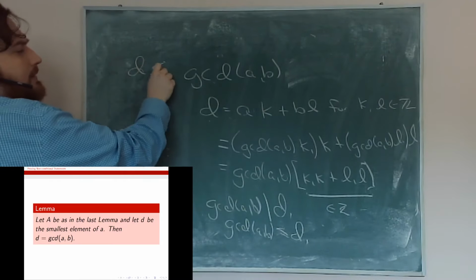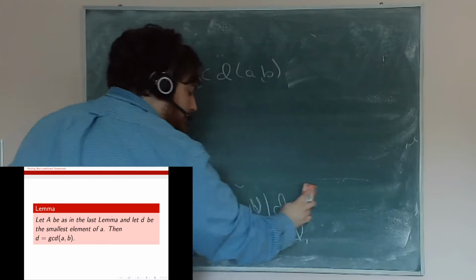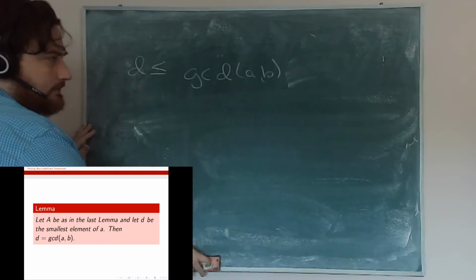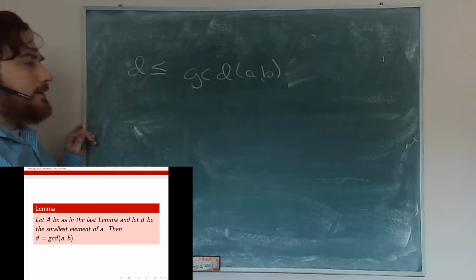D is less than or equal to the greatest common divisor of A and B. Well, how are we going to do this one? Let's think about this. Why would I think that this would happen?